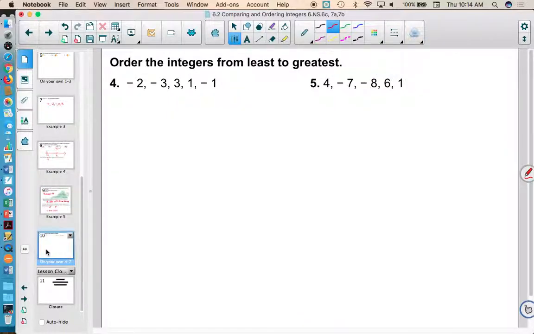Order the integers from least to greatest. Do number 4, least to greatest. Good job, Roper.